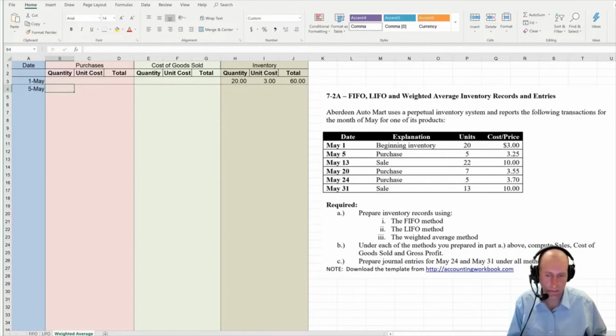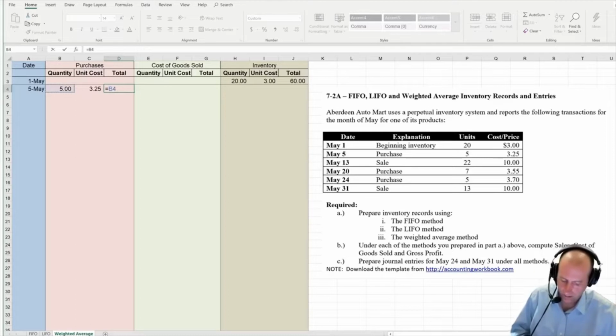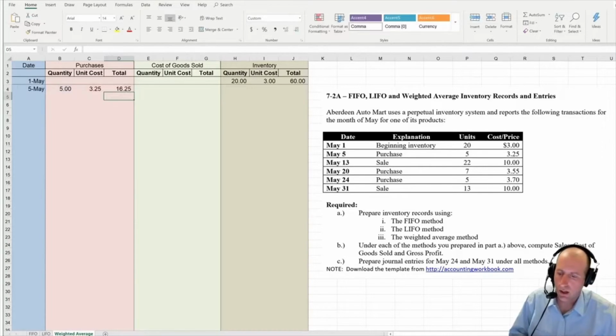What happened on May the 5th? I made a purchase. I purchased 5 units at $3.25 a piece. Now again, keep in mind this is all the same type of product that I previously bought for $3. The cost to me has gone up to $3.25. 5 times $3.25 is $16.25. So I didn't sell anything.